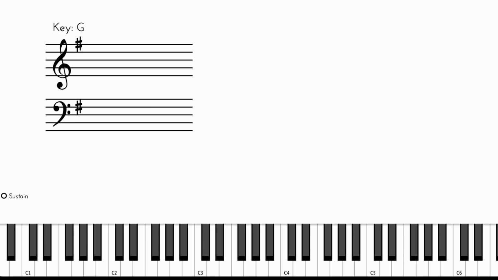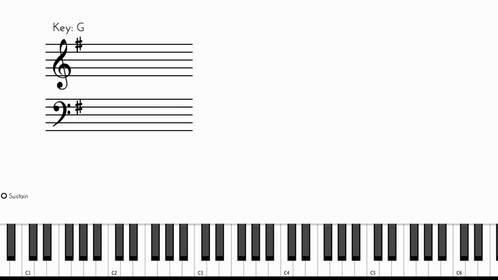Make sure first that you already learned the foundation of this key that we're in, G. So make sure that you know the scale from 1 up to 7 with both hands, right? And also make sure that you know the root note of this key as well, or the chord triads from 1 up to 7.